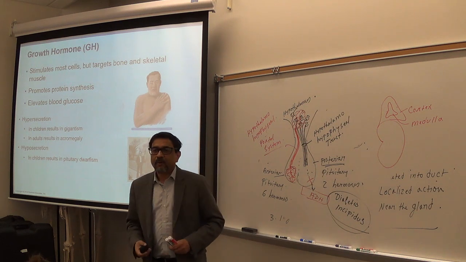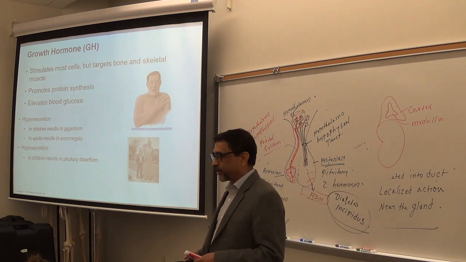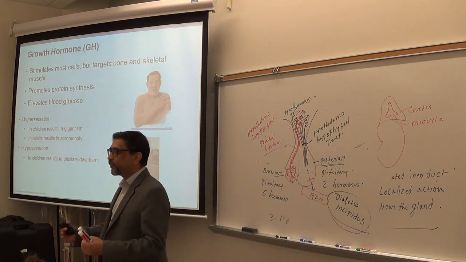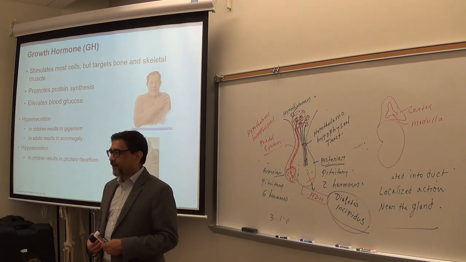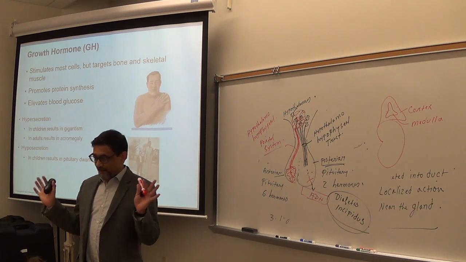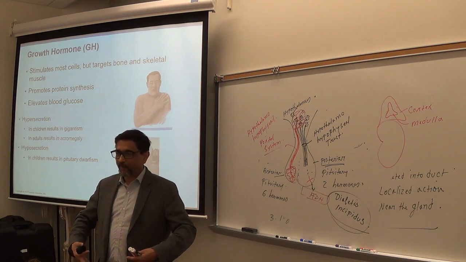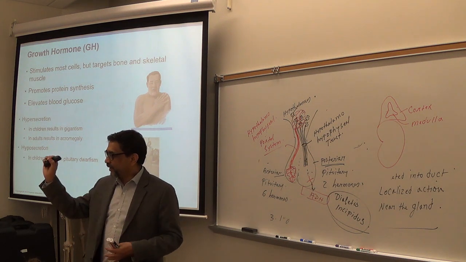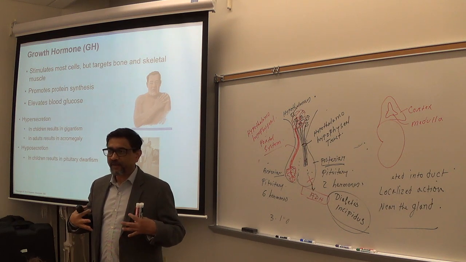Growth hormone works on all the organs or tissues of your body and helps in the growth of those organs. So now you can think that during the growth of the body, growth hormone secretion is very important, right? To grow the body parts.